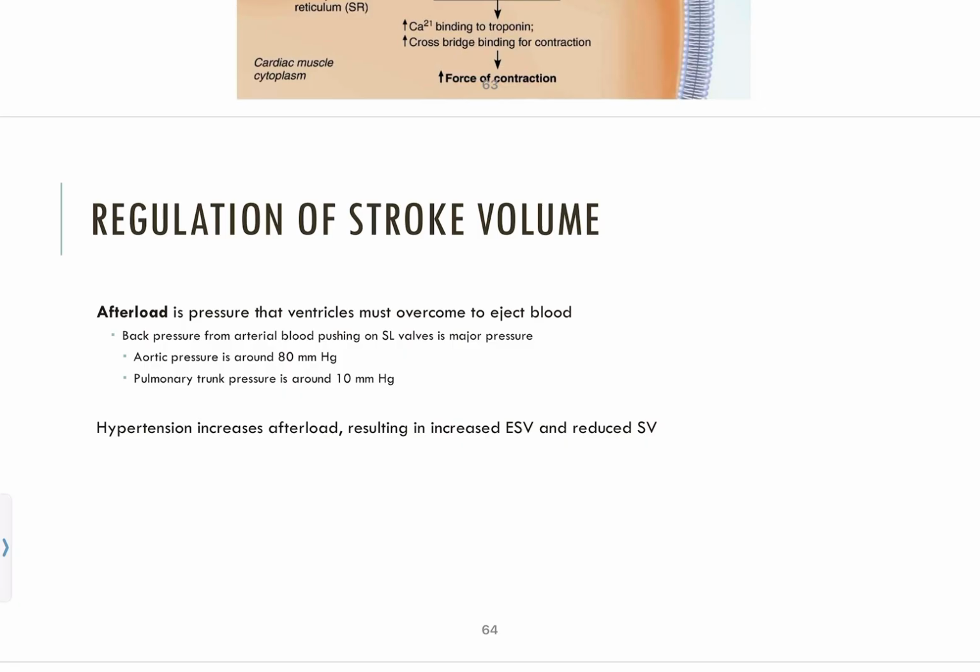The aortic pressure is about 80 millimeters of mercury, and the pulmonary pressure that we have to overcome is about 10 millimeters of mercury. If you have hypertension, this usually is going to increase the afterload, and it's going to make it a lot harder for our ventricles to eject blood, which is going to raise our end systolic volume and decrease our stroke volume.